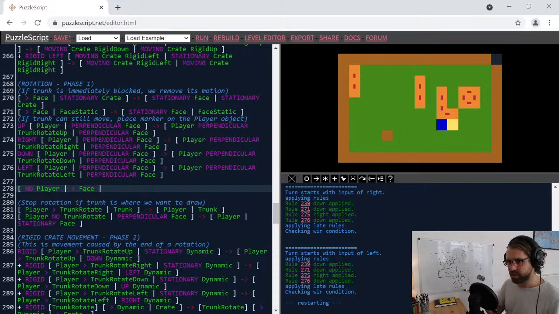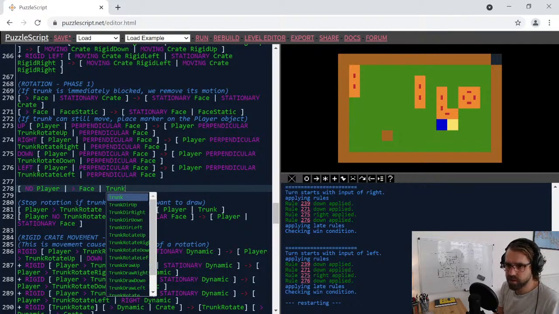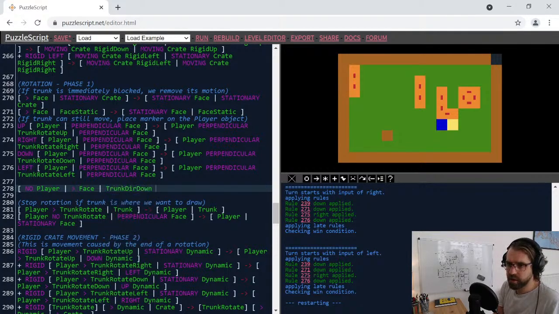If the next space contains, difficult, it's kind of difficult. The next space contains a trunk down and a trunk towards the player.